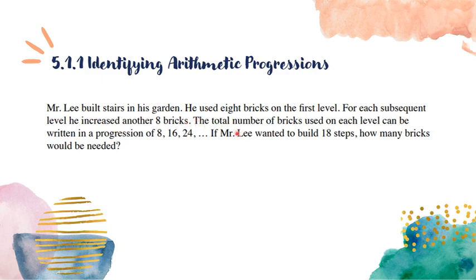The total number of bricks used on each level can be written in a progression: 8, this is the first level, 16, second level, 24, third level, and so on. If Mr. Lee wanted to build 18 steps, how many bricks would be needed?